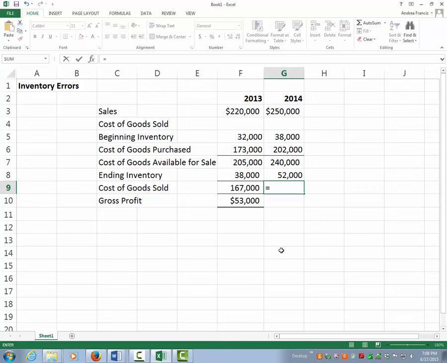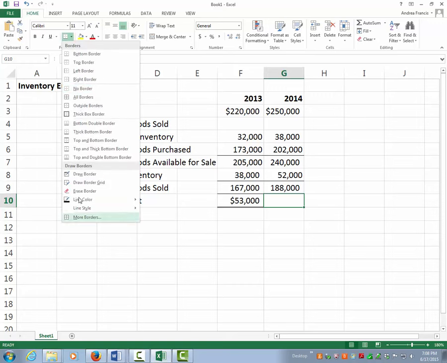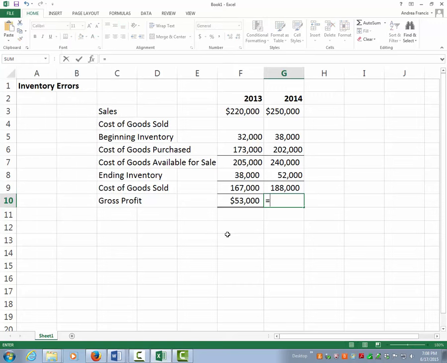So now we're going to say cost of goods available for sale minus ending inventory gives us cost of goods sold. Notice how it's $6,000 lower because our ending inventory is the same, but our beginning inventory is smaller than before. So we've got this new number of 188,000 for cost of goods sold, which then means that our gross profit, 250 minus 188, is going to be $6,000 higher.